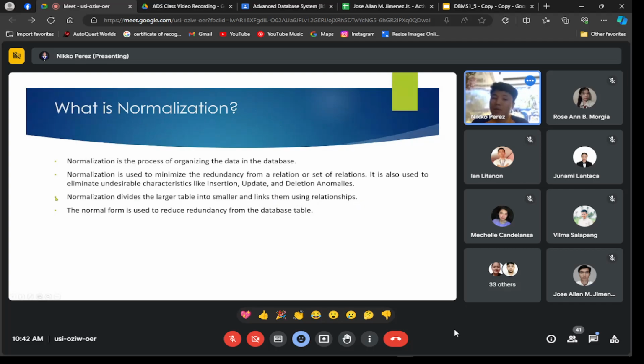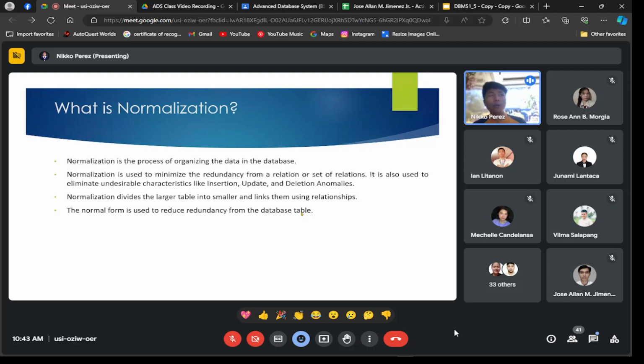So of course, we'll be doing this. The normal forms are used to reduce redundancy from the database table, so we have step-by-step procedures. Earlier, in decomposition, because the tables were small, we decomposed them right away. But in normalization, it involves a larger table.